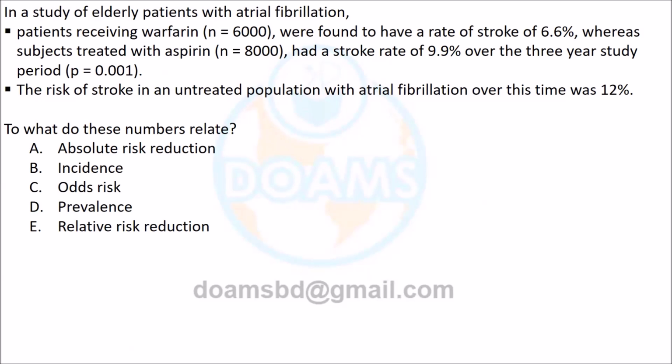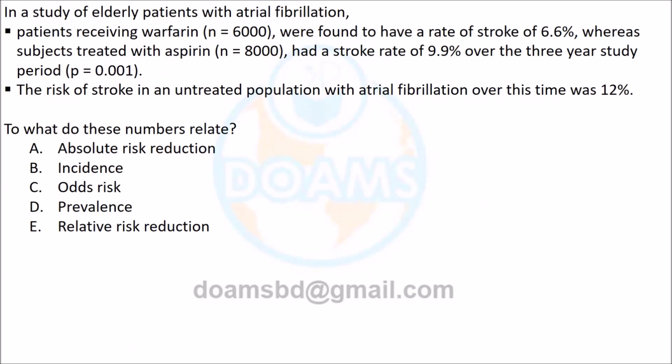And the next sentence. The risk of stroke in an untreated population with atrial fibrillation over this time was 12%. To what do these numbers relate? That means they're telling three sentences. One is warfarin receiving patients, their development of the stroke 6.6%.